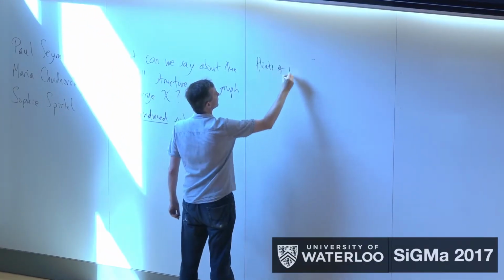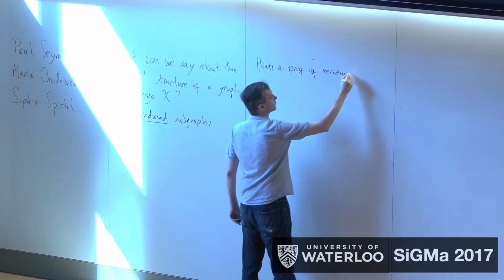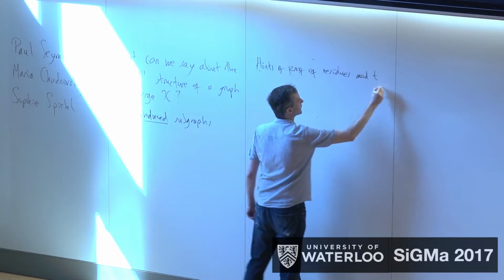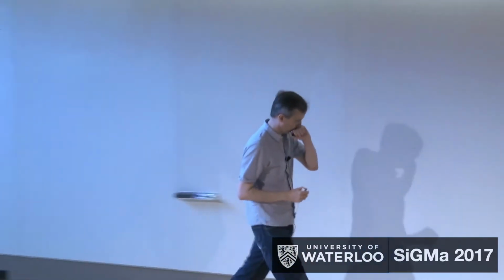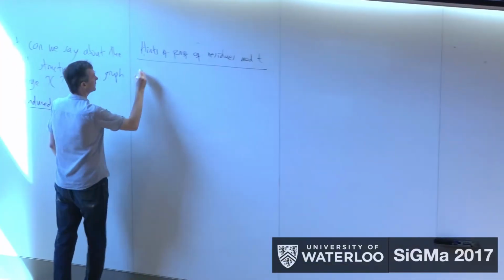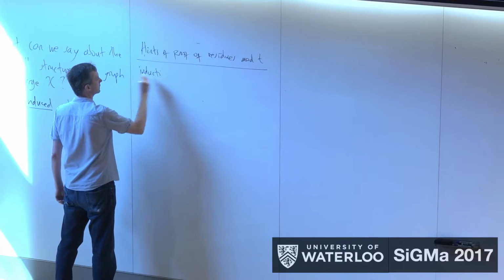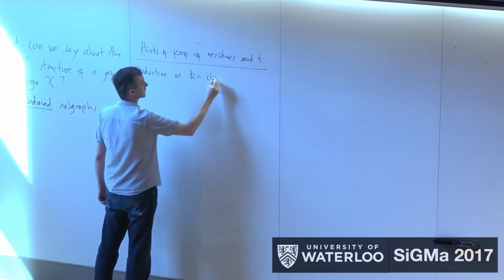So hints of proof of residues mod T. Okay, so that's the result I'm talking about. Okay, so once again, as usual, induction on K equals the clique number.